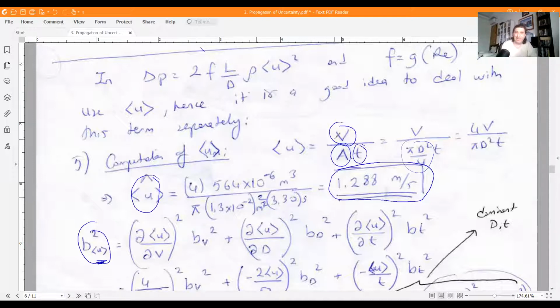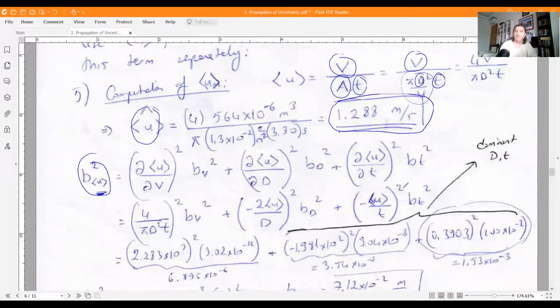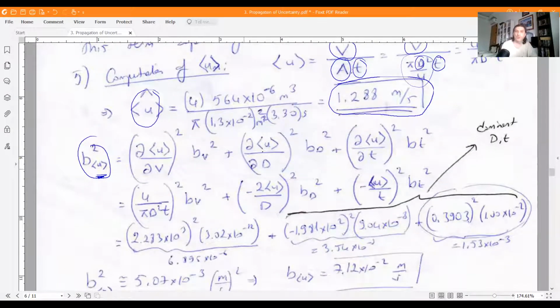Since this is the equation at hand, I'm going to take the partial derivatives with respect to volume of water collected, diameter of pipe, and also time seen in the stopwatch. I'm going to multiply by the corresponding bias values for each of these terms. Hopefully, I have found all of them.